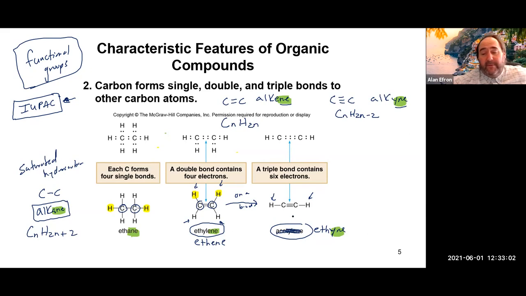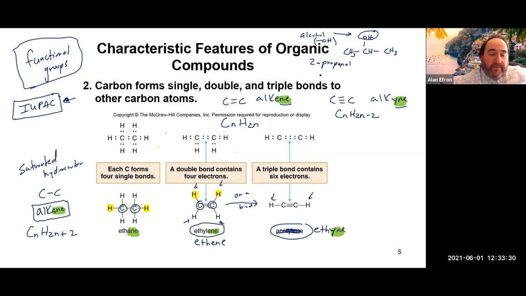So for example, if we look at this one here, this, by the way, is an alcohol because it has an OH group. The functional group for an alcohol is an OH. This is what is known as 2-propanol.